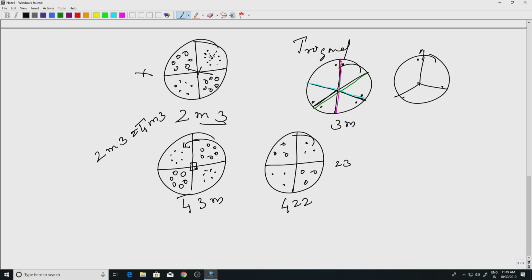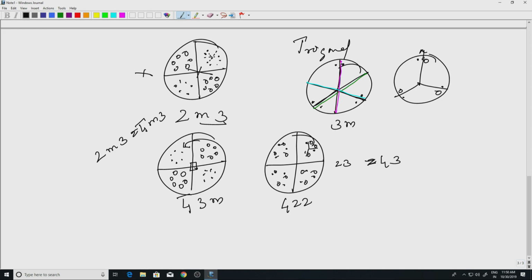When you operate a twofold here, you get a circle here. So the same thing is operated here. So this is nothing but 4 3.